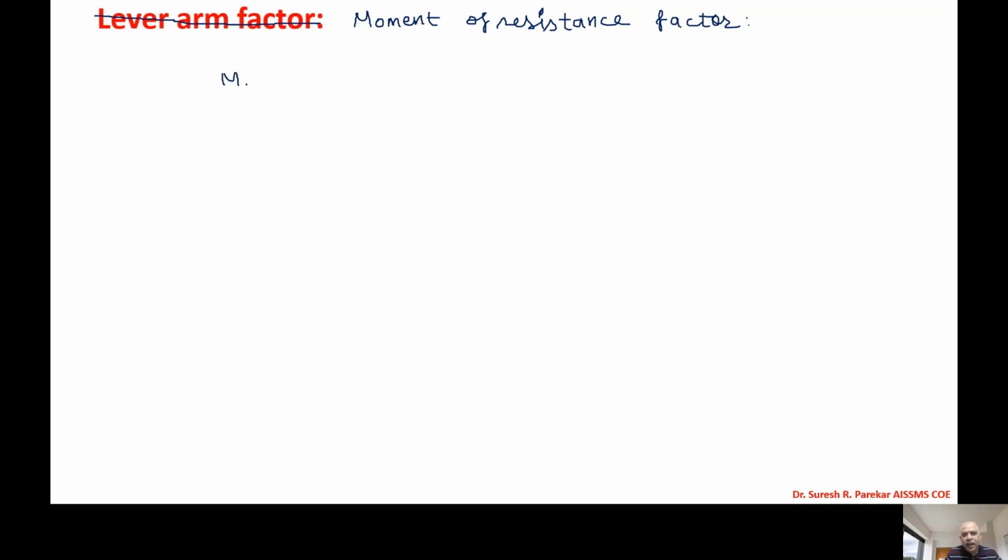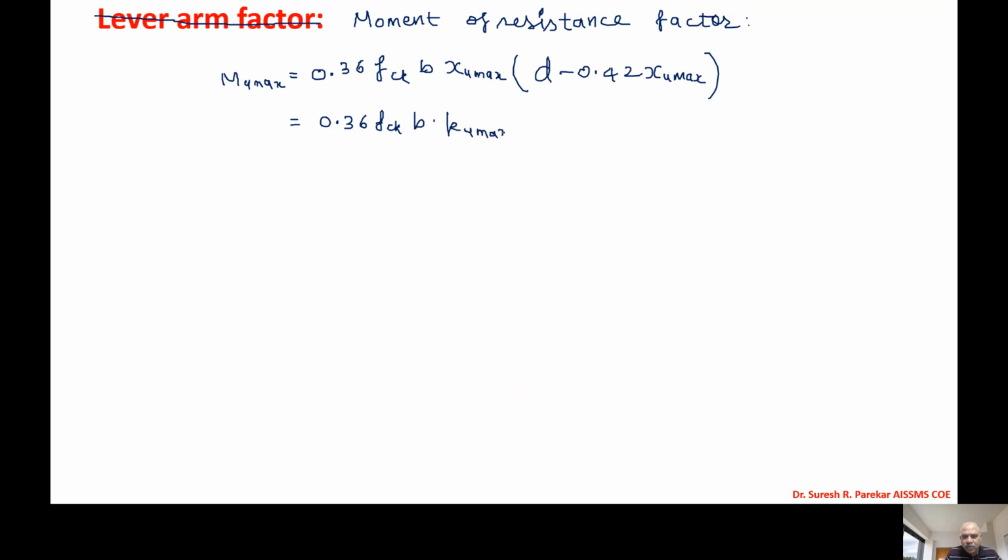So we have Mu max, that is equal to 0.36 fck b into Xu max in bracket d minus 0.42 Xu max. Now we will put a value in terms of Ku max. So 0.36 fck b into Ku max into d in bracket d minus 0.42 Ku max into d.